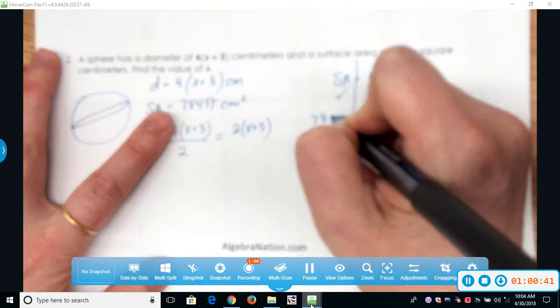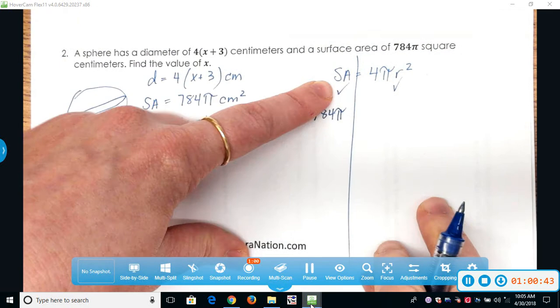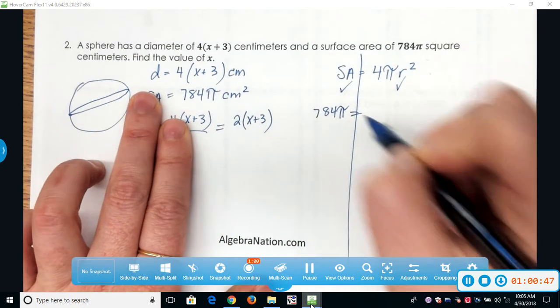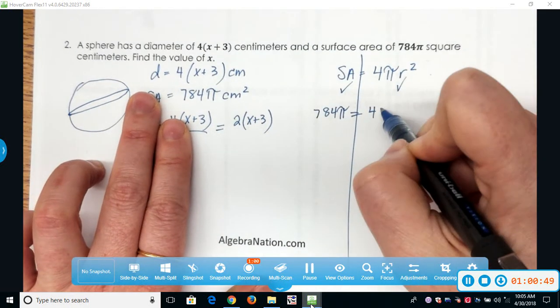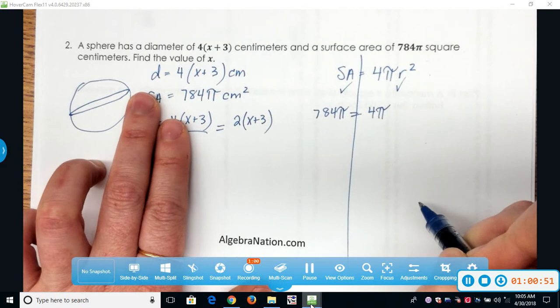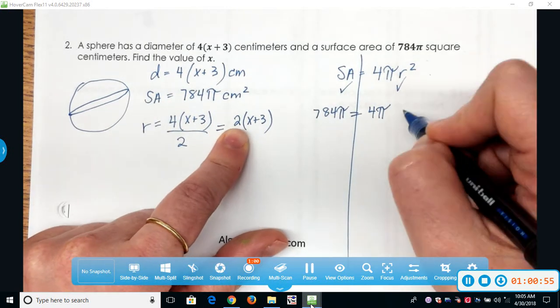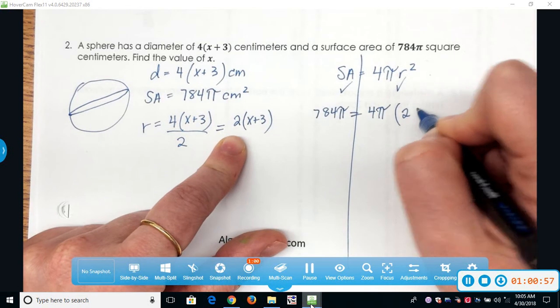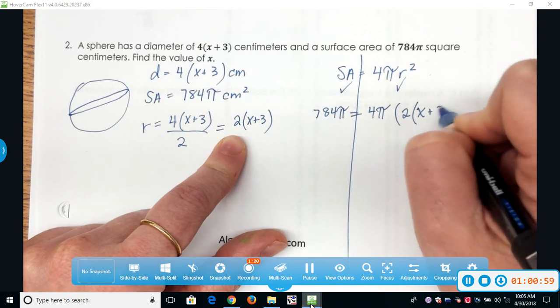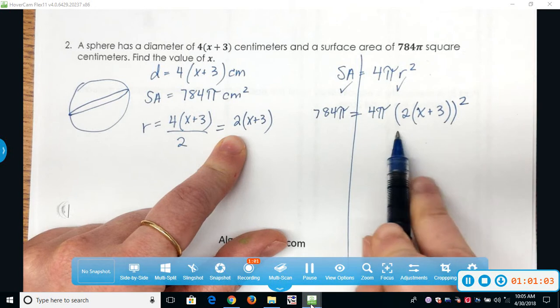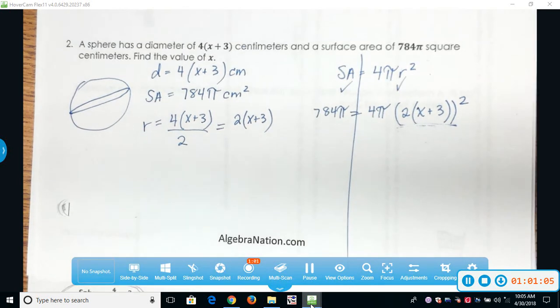784. That was the surface area they gave you. Plugged in. All right. 4 pi, that's just constants. That's just numbers. Easy. And then the radius. Ooh. 2 times x plus 3. That whole thing has to be squared.